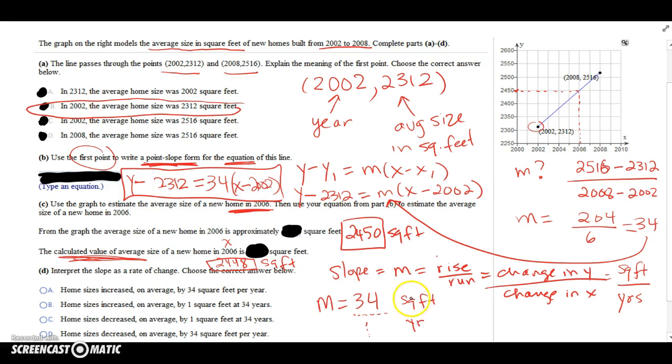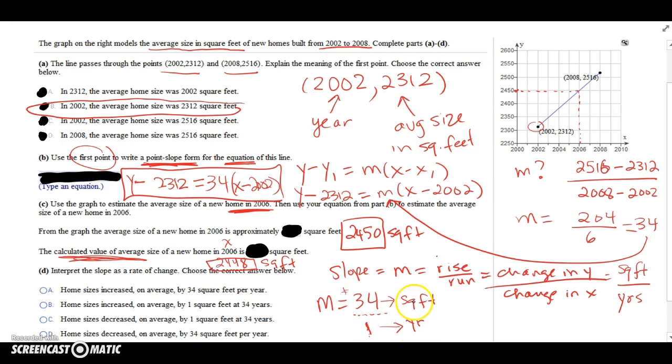Based on this labeling, every 1 year, because I put a 1 in the denominator, the average size increases. Why am I saying increases? Because this is a positive number, not a negative 34, but a positive 34. So every year that goes by, the average home size increases by 34 square feet. All I'm doing is labeling the slope and interpreting the slope based on the labeling.